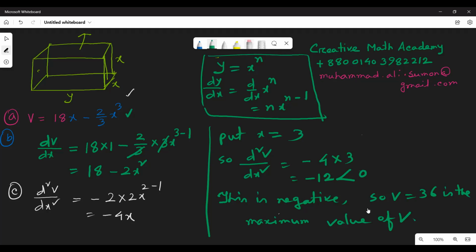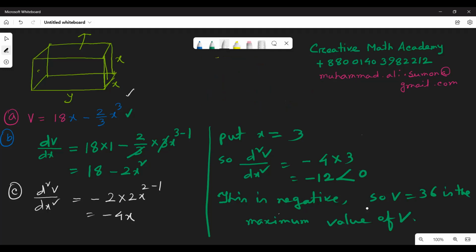Now I will review again what we did. At first we found the total surface area of this rectangular cuboid, this box, and from here we made y the subject. After that we found the volume of this rectangular box, and here we put the y value.